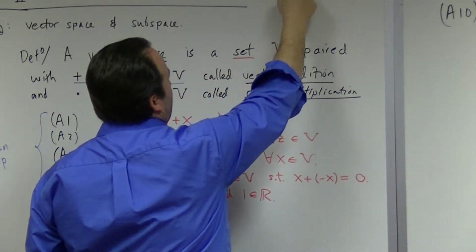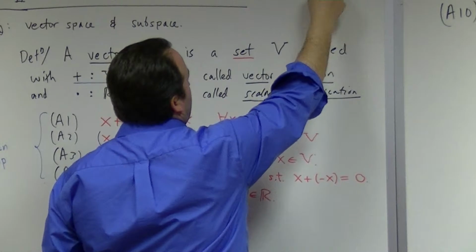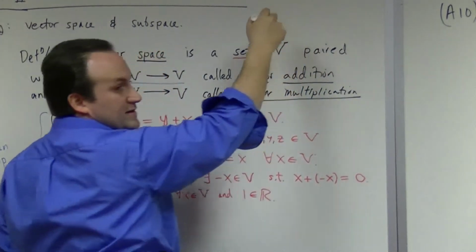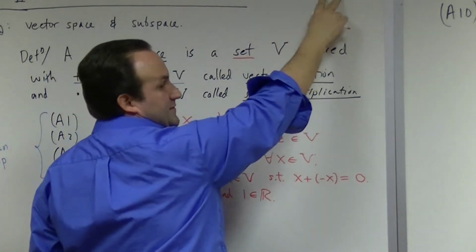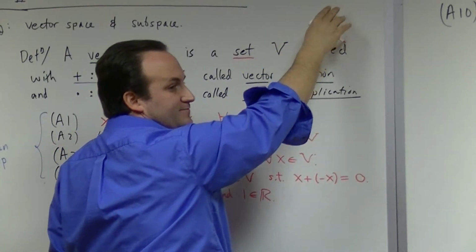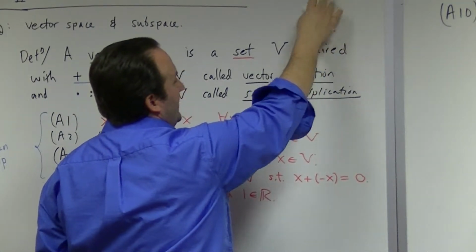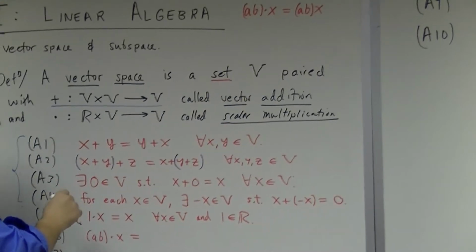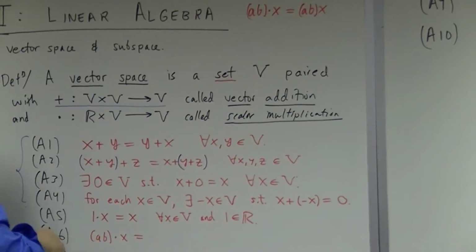Very soon, we'll use this notation ABX. Instead of writing the dot explicitly, we use what's called juxtaposition, just writing it next to each other to indicate the scalar multiplication. I'm not doing that yet because I want to be really clear about where the scalar multiplication is.